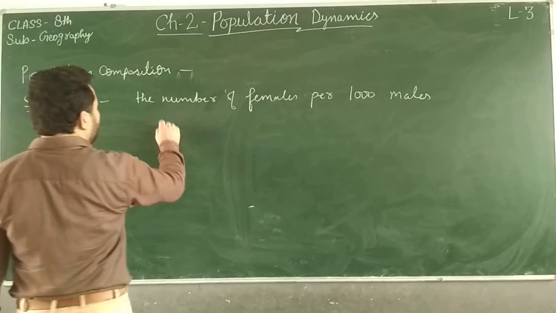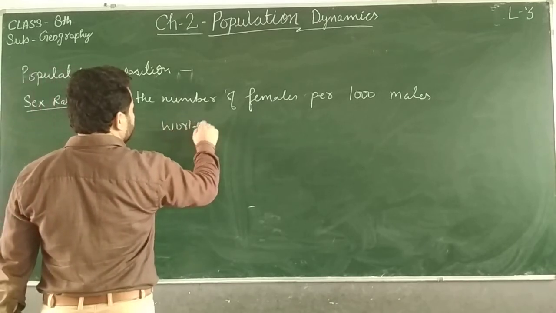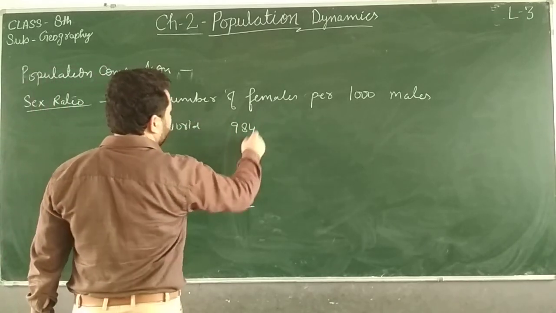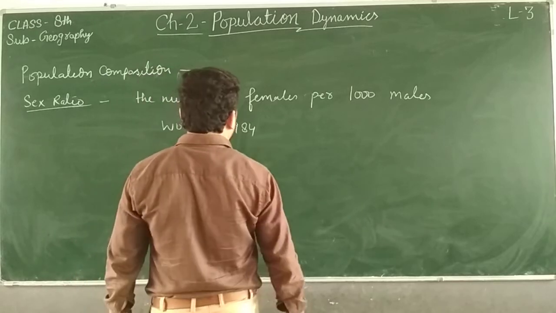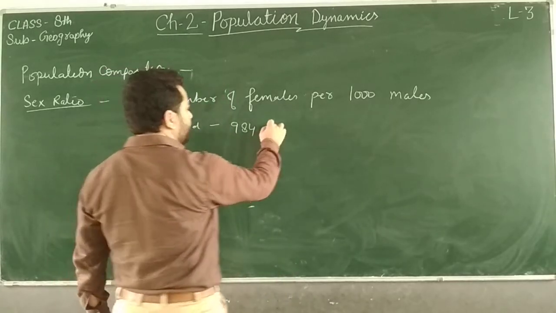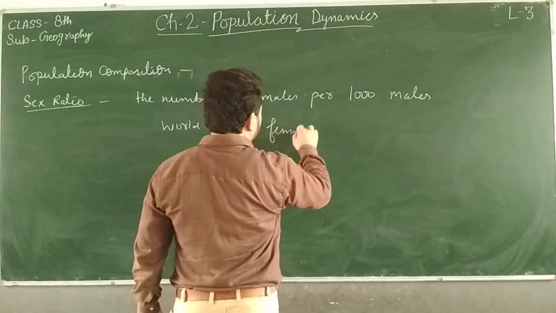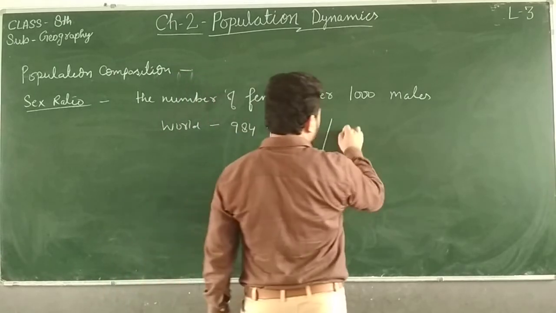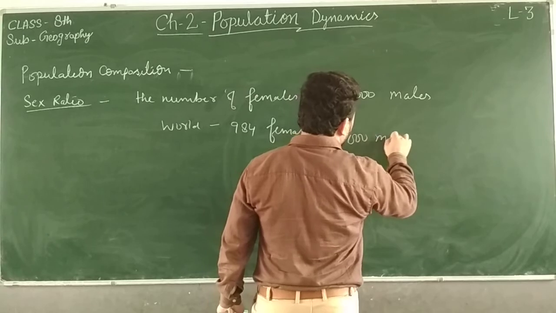So the world sex ratio is 984 females per 1000 males.